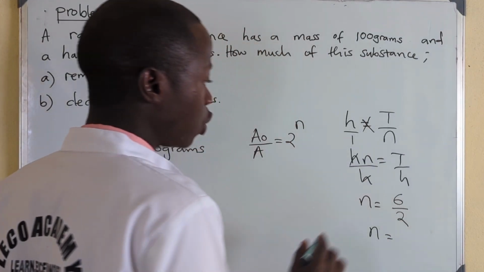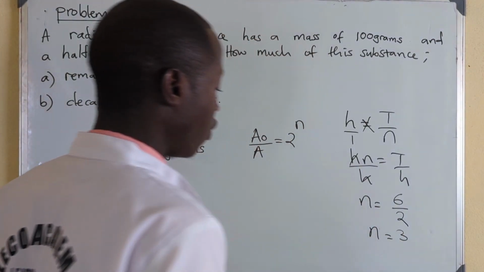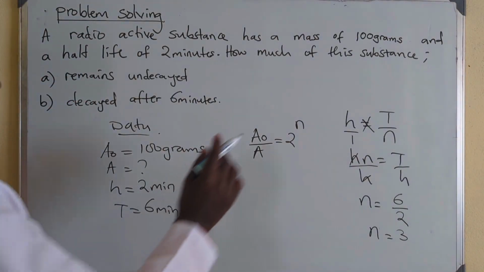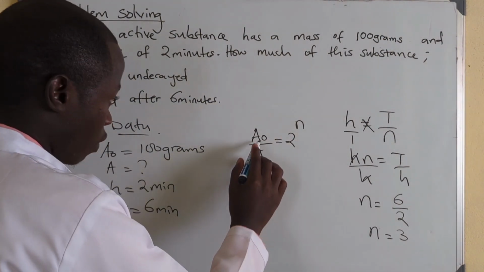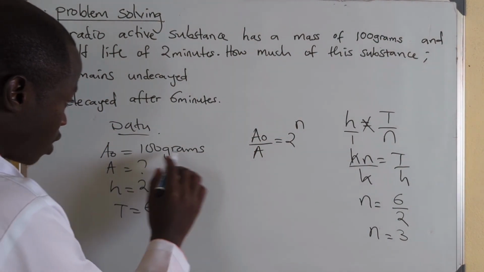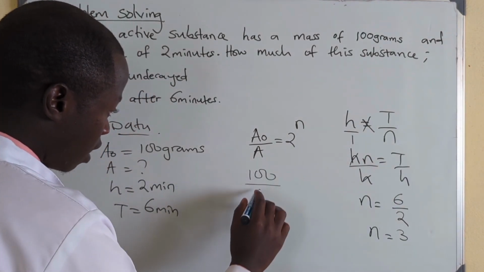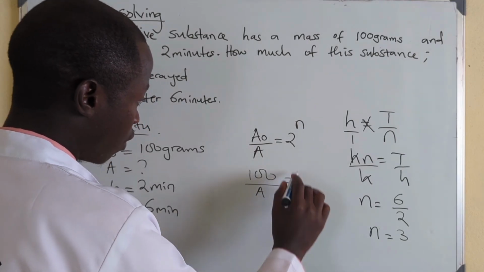Now 2 into 6 is going to give us 3. So 3 is the number of disintegrations, the number of times this mass is going to break. The activity before is 100, divided by the activity after, which is the one we are calculating for.